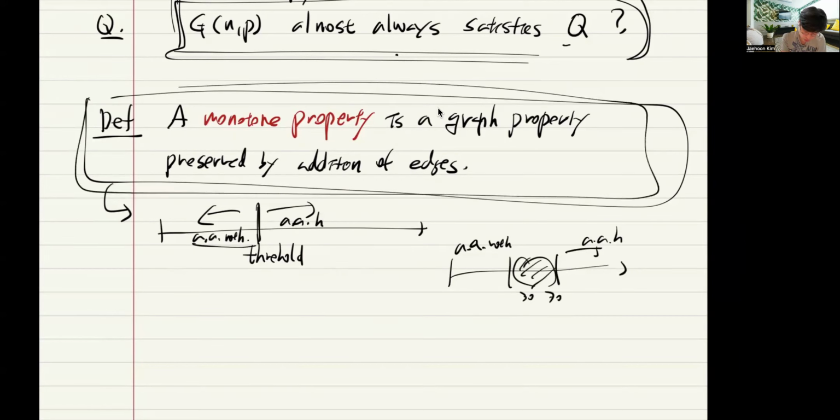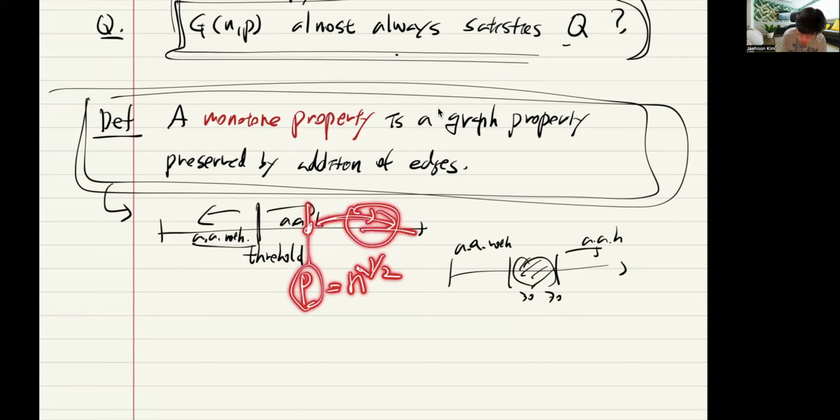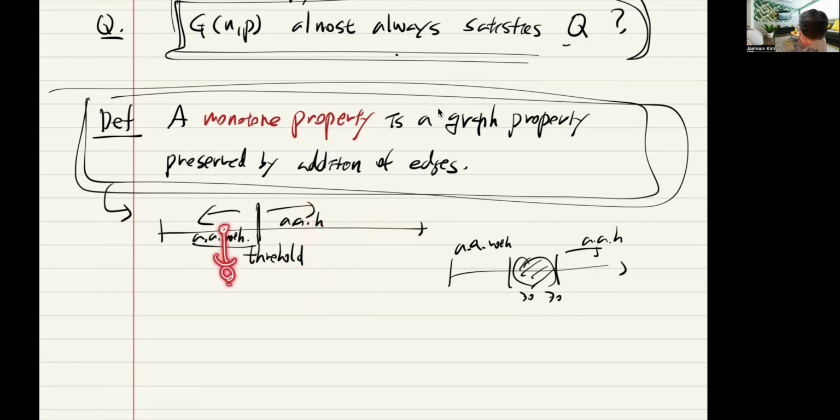Anyway, for this monotone property, it's intuitive that once the property holds here, when p has value, say, n to the negative one half, then for larger functions it should also almost always hold. If it doesn't hold here, or it almost always doesn't hold, then for lower values it's also like that.